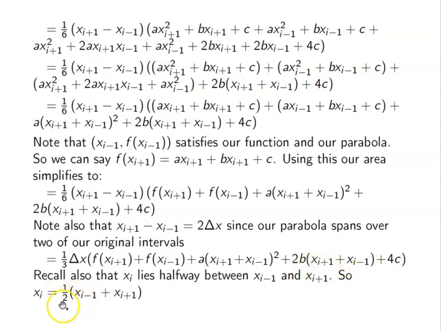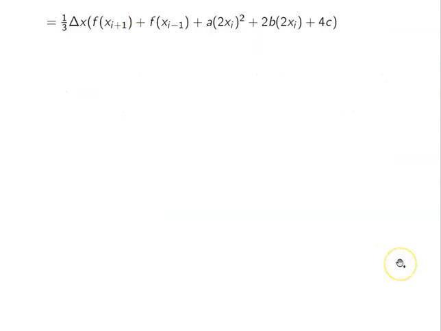So let's manipulate this and say 2 x_i's is one of these. So now I can replace this with a 2x_i. There's 2 of them, so this would just be bx_i and then I have 4c.